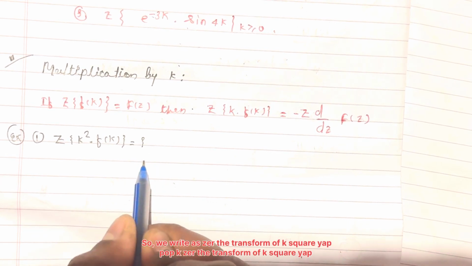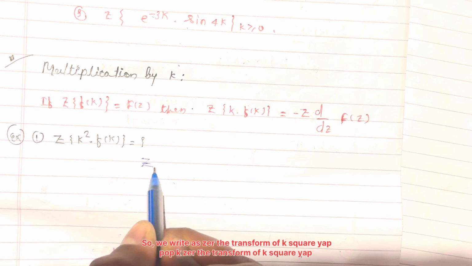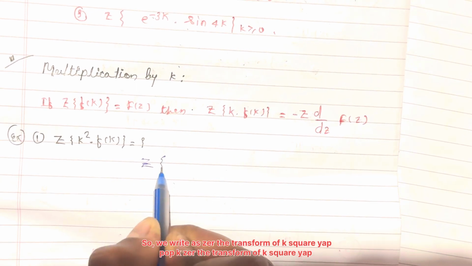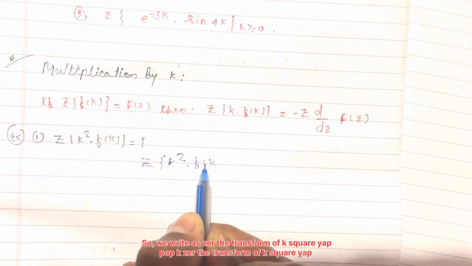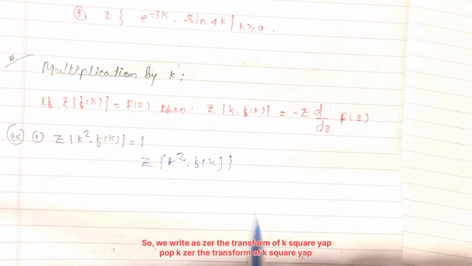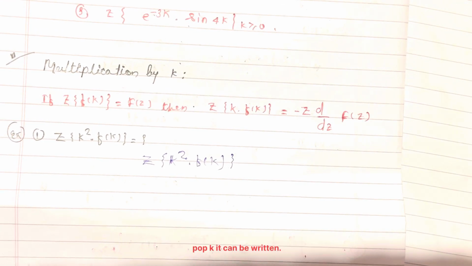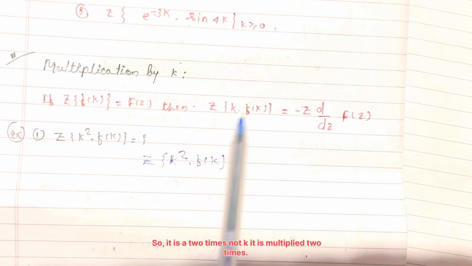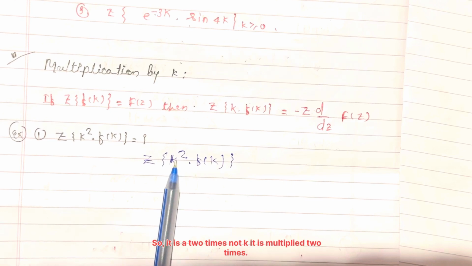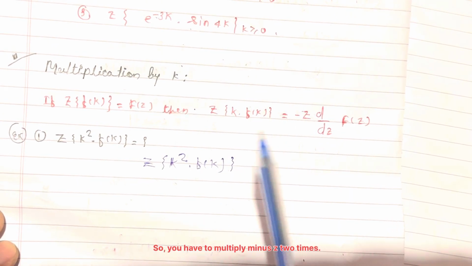So we write the Z transform of k square f of k. It can be written as follows. Since k is multiplied two times, we have to multiply minus z two times.